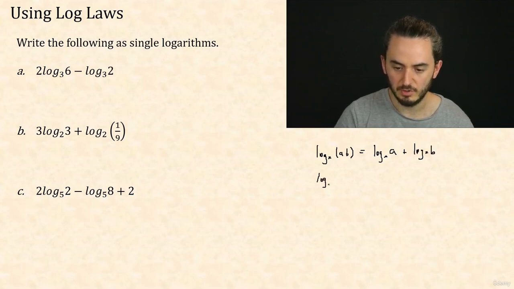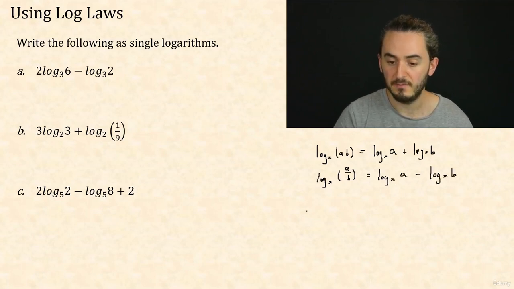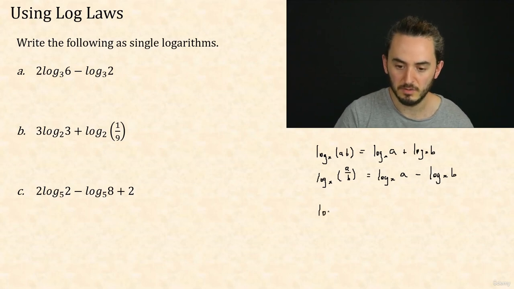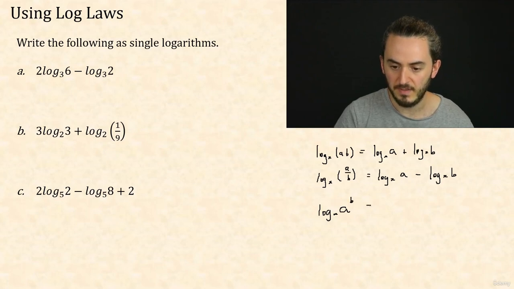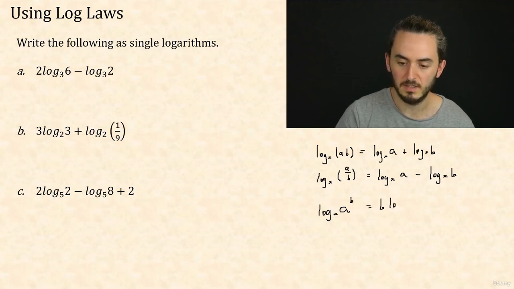The subtraction law is that log base x of A divided by B is log base x of A minus log base x of B, and the final law is that if you've got log base x of A to the power B, then that is B times log base x of A.